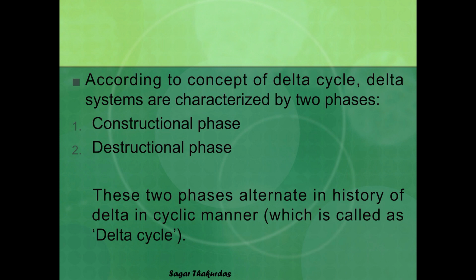Again, over a period of time, that delta may become constructive delta and may turn into destructive phase again. Or it may so happen that within a single delta, you might get to see one delta lobe undergoing destruction and other delta lobe undergoing construction at the same time simultaneously. So these two phases are seen either in cyclic manner, or they operate at the same time in two different delta lobes in a single delta.